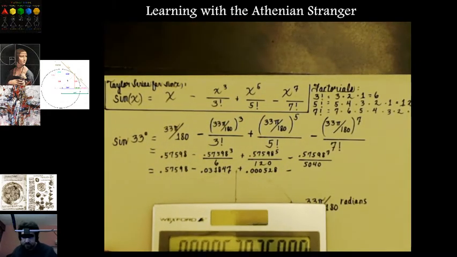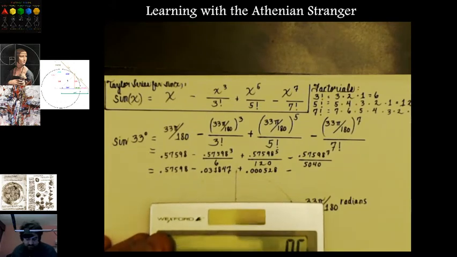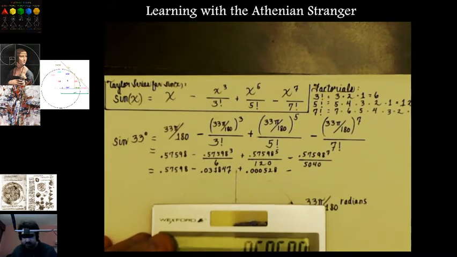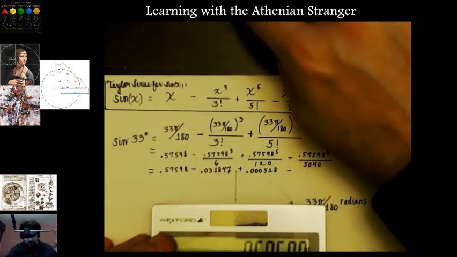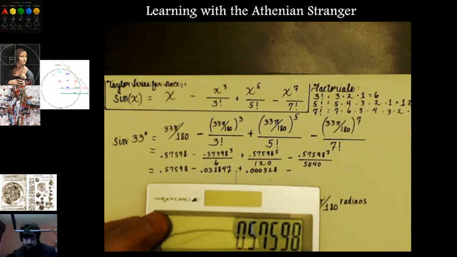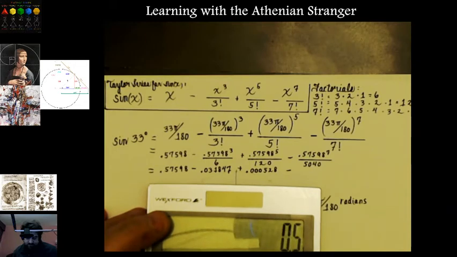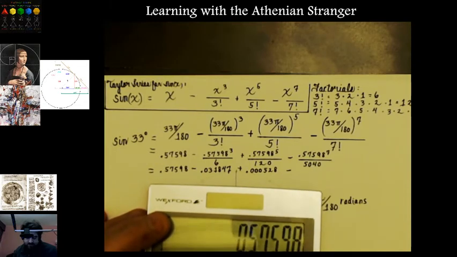All right, minus. See, these are small numbers. Okay, here we go. 0.57598. Now we're going all the way to the power of 7, so we've got to be careful. I'm going to call it out. Times 0.57598.